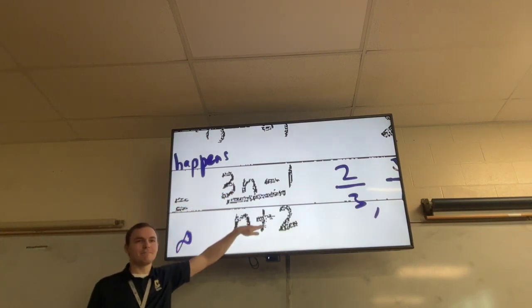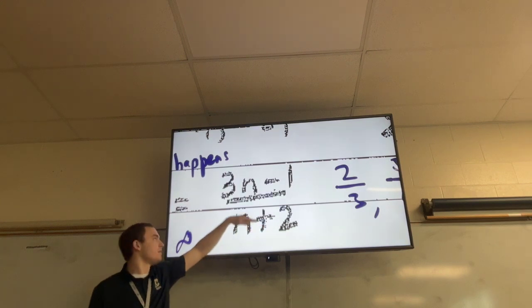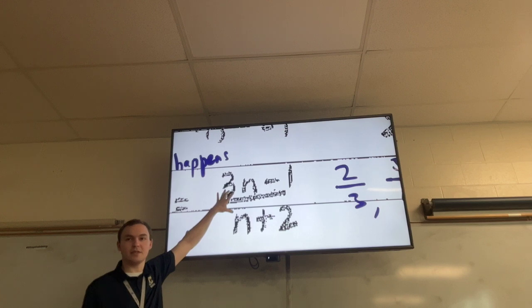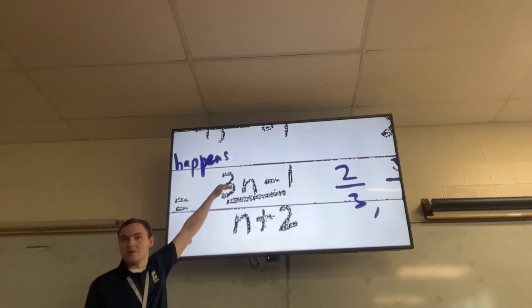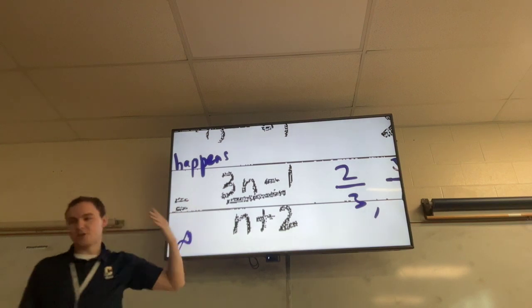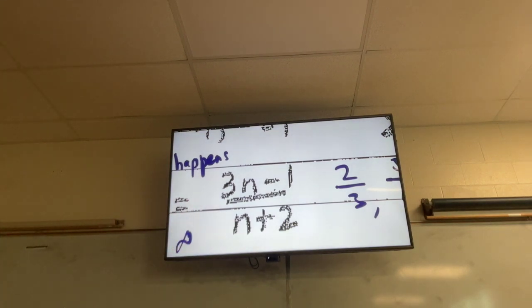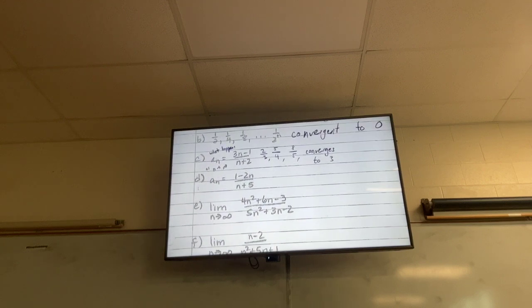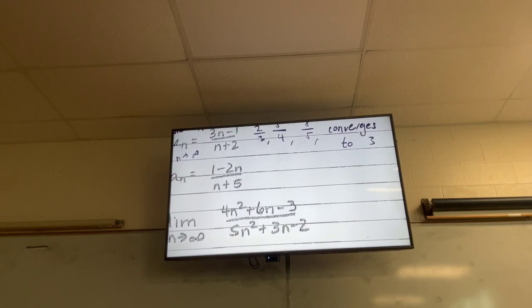What's the degree of the bottom? 1. The top and bottom have the same degree, so how do we find the end behavior asymptote? You divide the lead coefficients. So 3 divided by 1, I'm pretty sure it converges to 3. The same one, I think, will converge to -2.